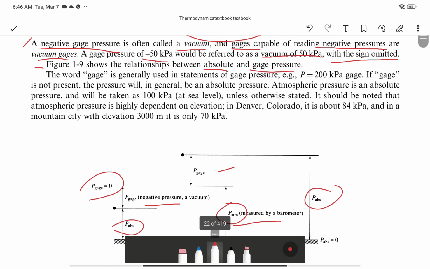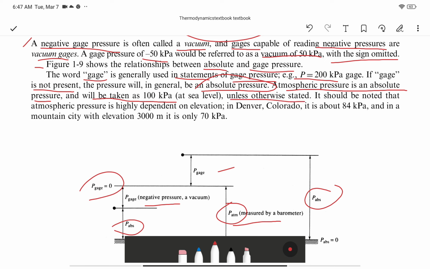So the word gauge, remember this, generally appears in a statement like gauge pressure, for example P2 is equal to 200 kilopascal gauge. If gauge is not present, in general, it will be absolute pressure. So be very careful with that. Atmospheric pressure is an absolute pressure and will be taken as 100 kPa at sea level unless otherwise stated.